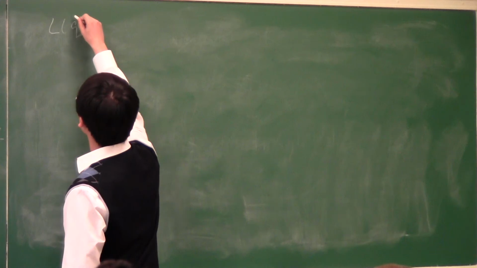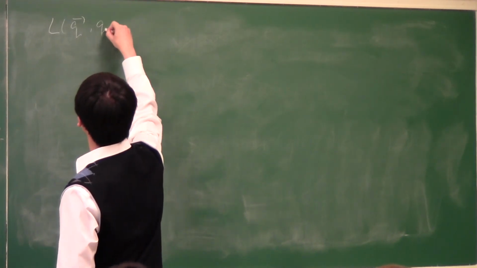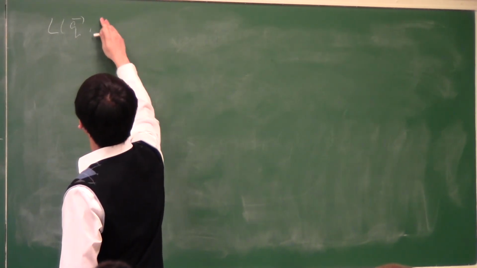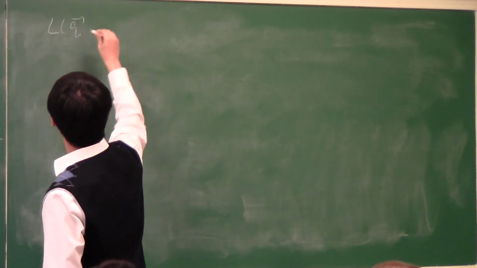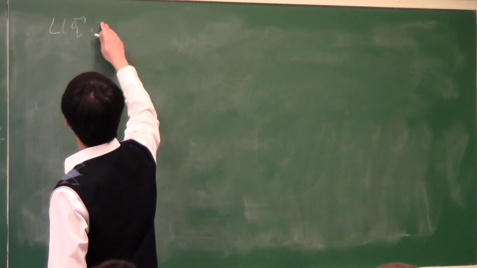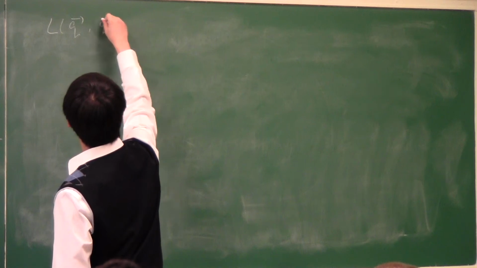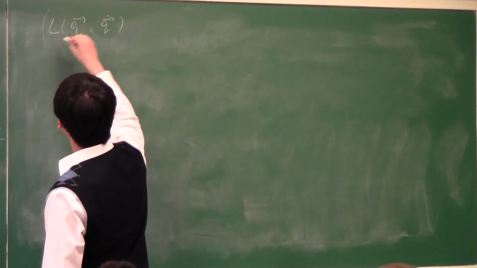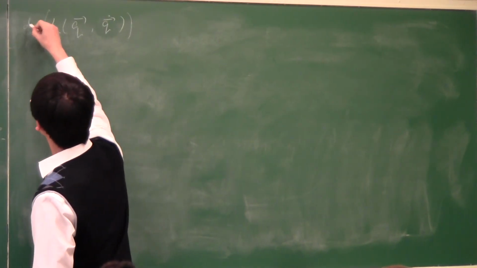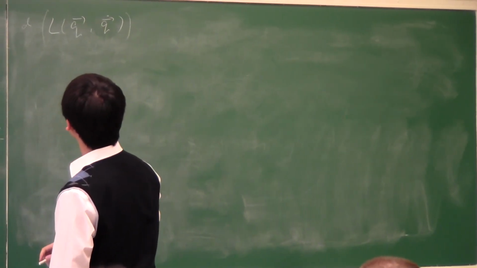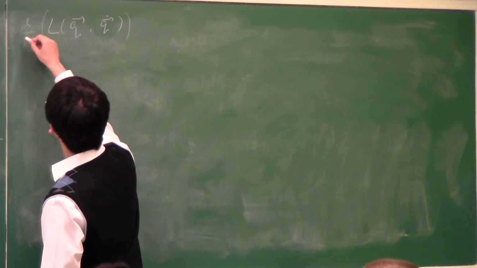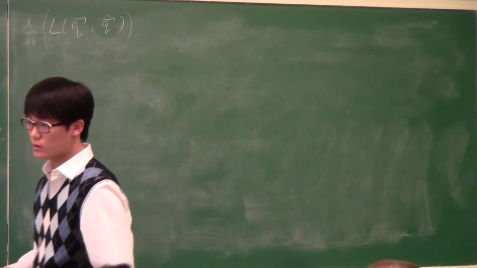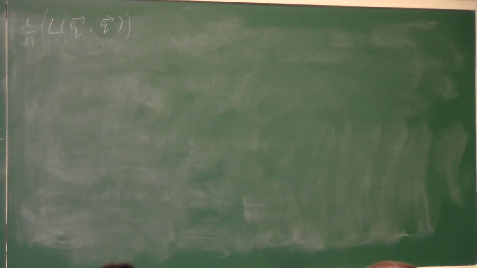So the Lagrangian is only dependent on q, and there's no explicit time dependence. So let's construct the total derivative of this thing, the total time derivative of the Lagrangian.